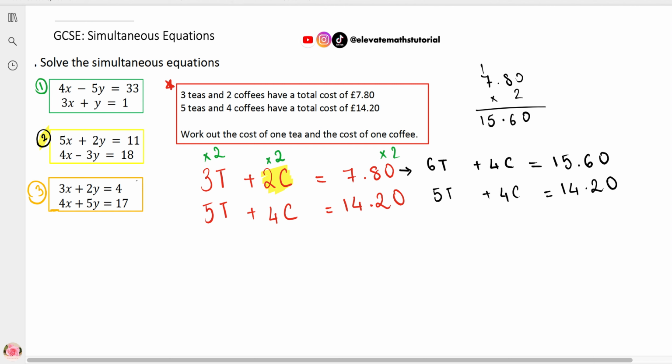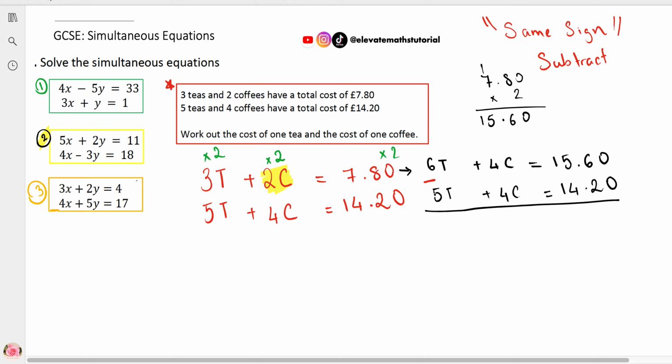And then the second equation is just 5t plus 4c is equal to 1420. Now, I don't know if you remember from the last video: same sign, subtract. Do remember that. So if you have same signs, we're going to subtract. Be very careful when you're subtracting.